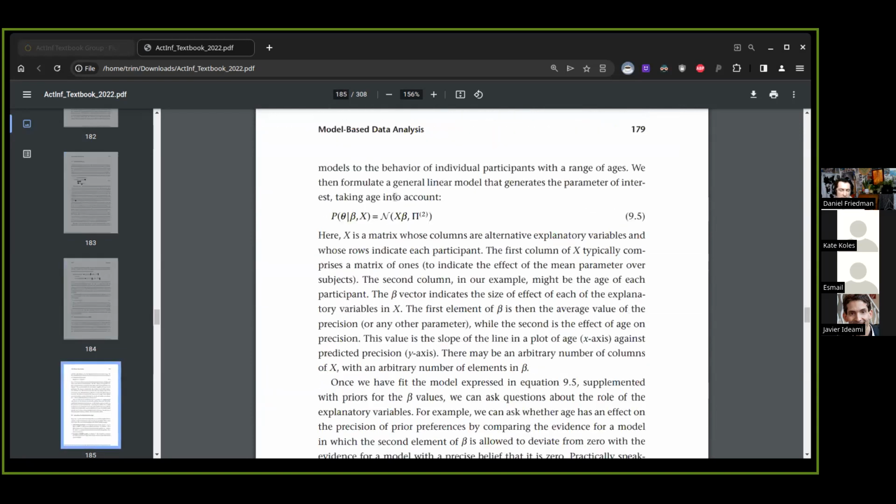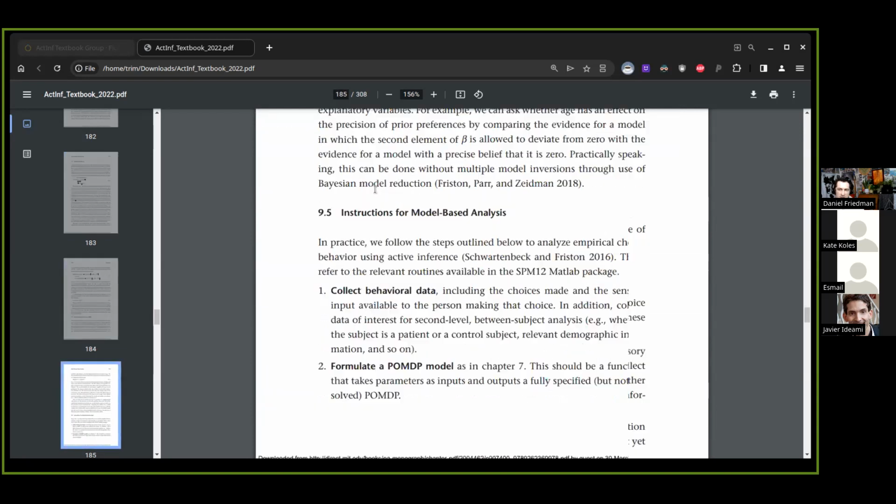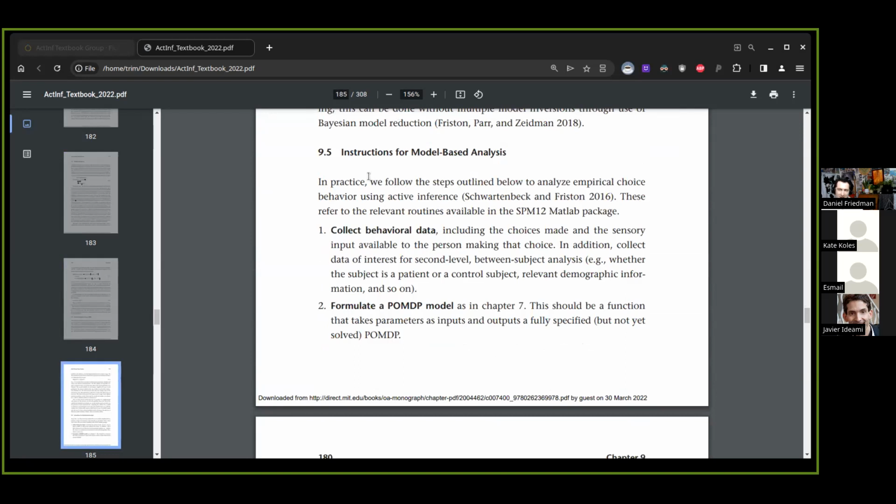And again, they were the ones that were suggested that could be skipped. So there's a lot more to say, but what we get to is this is kind of like a chapter 6 moment. Chapter 6, remember we had the recipe for generative model. Here we get the instructions for model-based data analysis. And again, this is also very closely related to SPM.